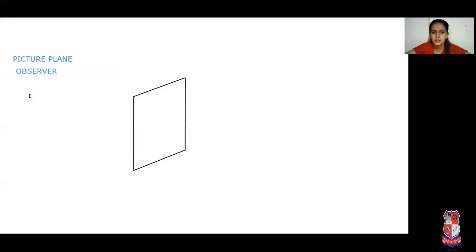We can see the earth from the satellite also, because there are so many cameras fitted in our satellites. So, this time it is the observer. There are lots of observers. If we are going to plan aerial photogrammetry, then the camera lens is the observer, and all the photographs that appear on the screen are our picture plane and perspective, right?